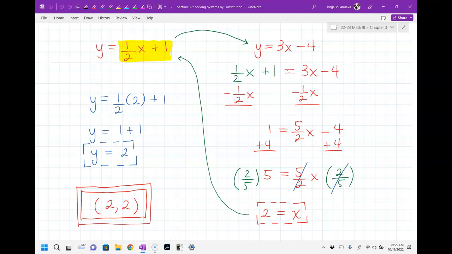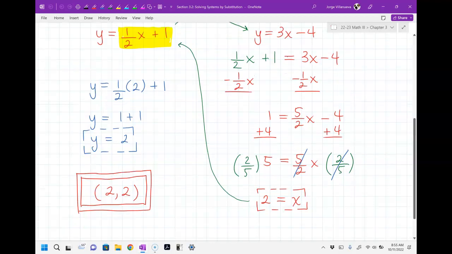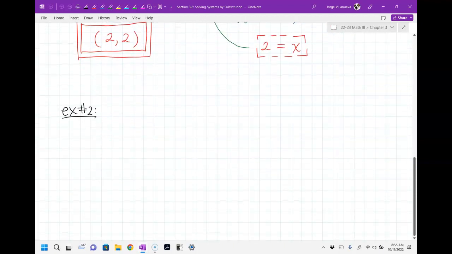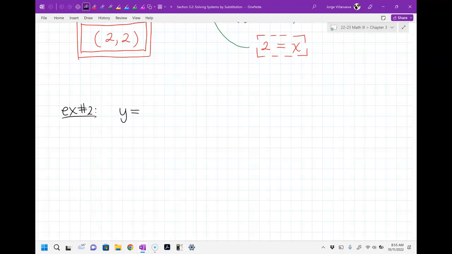Any other questions? I mean, this is basically it, like this one example, but I want to do something medium difficulty for you guys, okay? And then we're going to try doing one hard difficulty, and then we'll be done. So again, I'm going to write it out the way they do it in your homework. They like to write one on top of the other. I really don't like that because for substitution, I prefer them to be side by side.